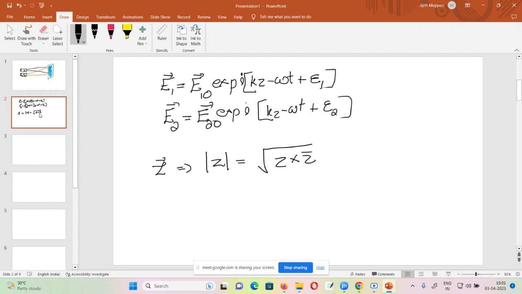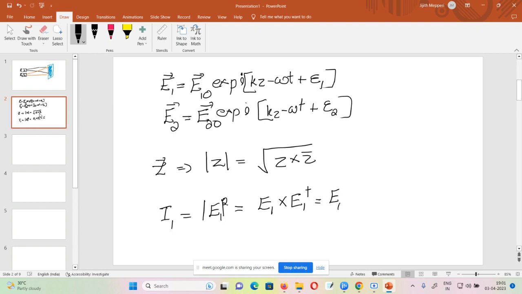So from these two values, I can write I1 will be equal to modulus of E1 square. And modulus of E1 square will be E1 into E1 dagger, where E1 dagger is the conjugate of that one. So what will be the conjugate?